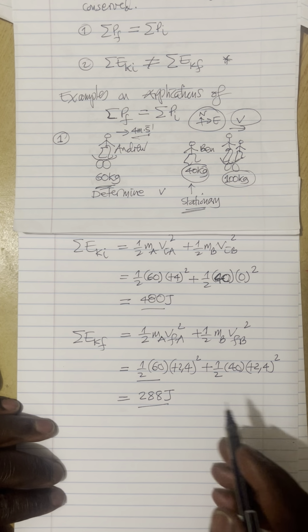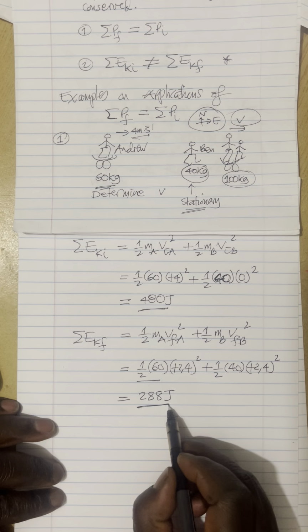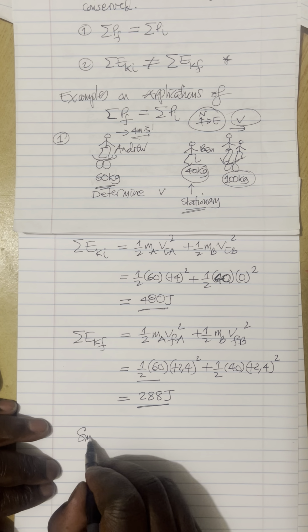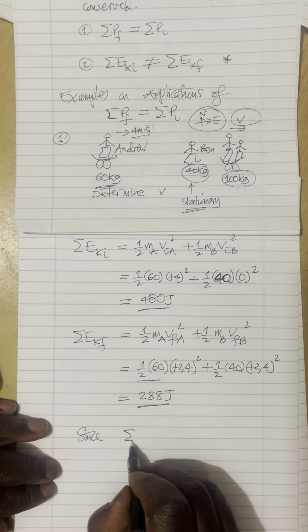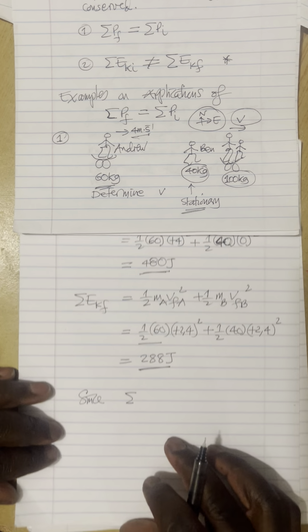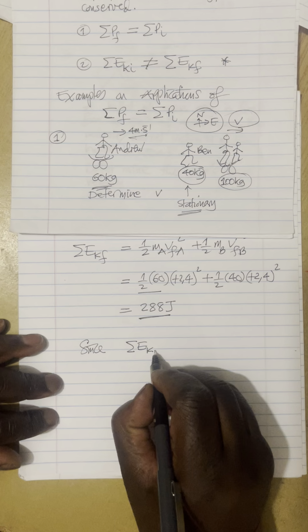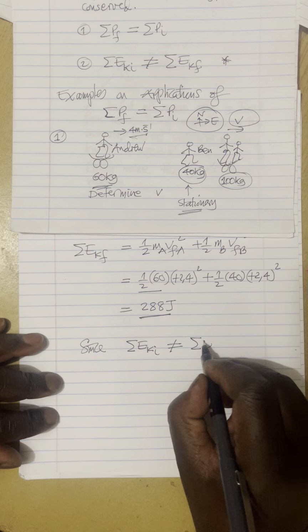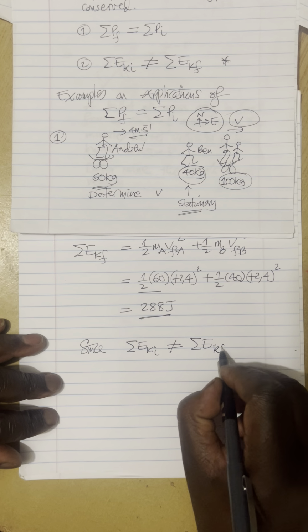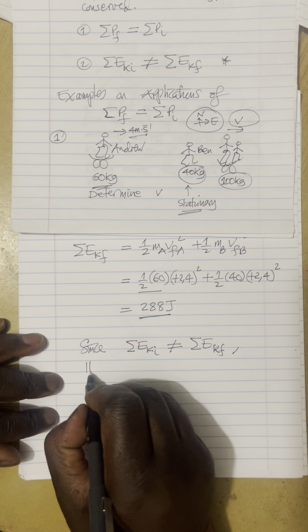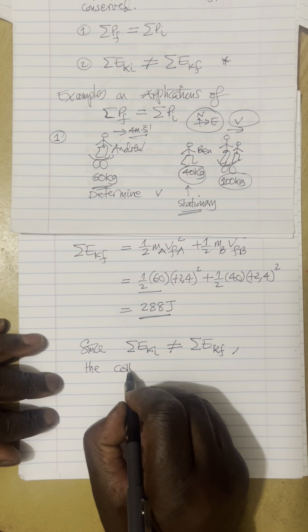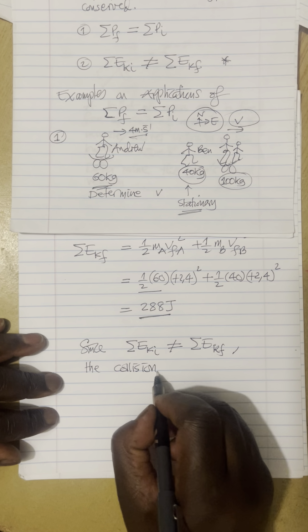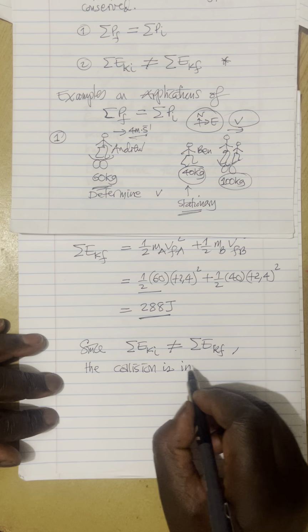Now you can clearly see that these numbers are not the same. So we say, since total initial kinetic energy is not equal to total final kinetic energy, the collision is inelastic.